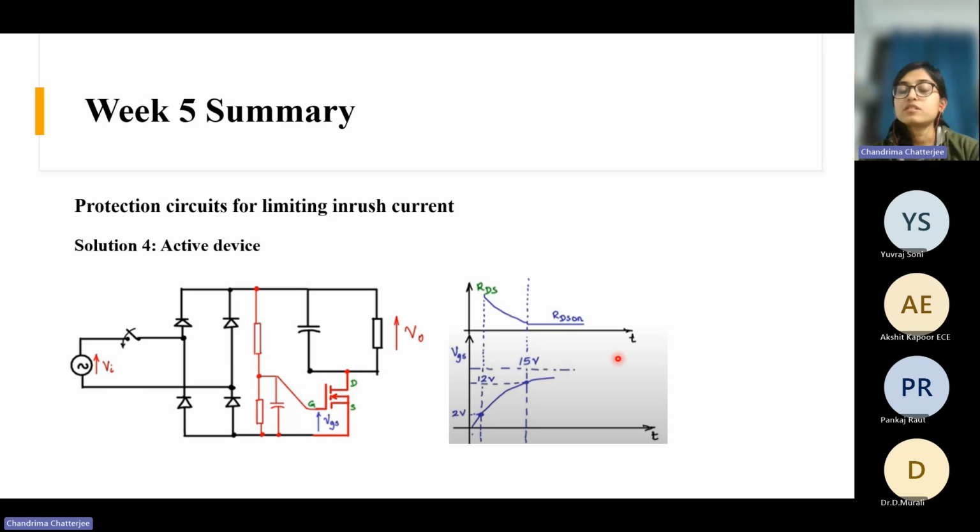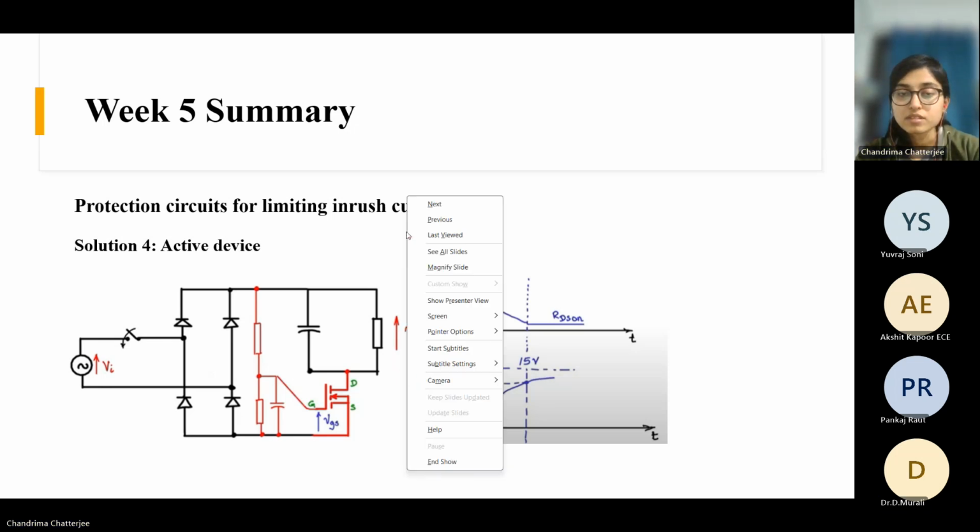Okay. But there is one problem in this circuit. What is the problem?